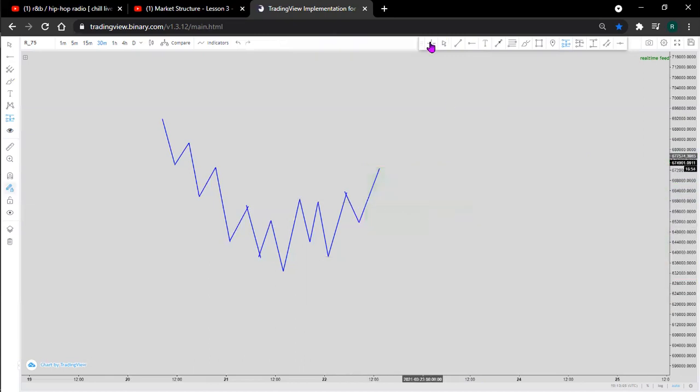Right? So my point in the scope of this lesson was simply for me to make you understand that market structure will assist you in targeting, because if you jumped in here, you would be targeting here as your first take profit. You know that if price breaks this previous high, then this would essentially be your SL.